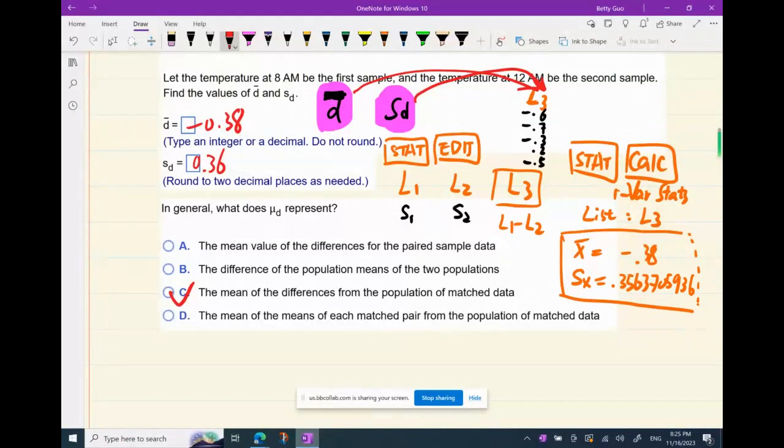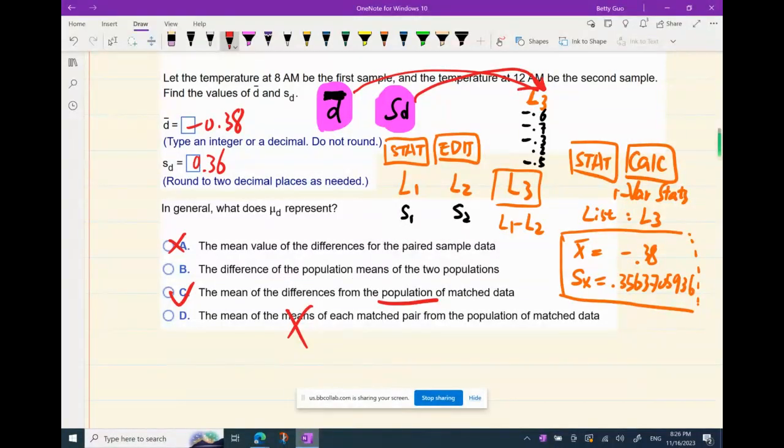Mean of the differences, many Ds from the population of matched pairs. Population is a keyword. A is wrong because A doesn't even have a population. D does have a population, but mean of the means. No, not mean of means. Mean of differences. B is difference of the population means.